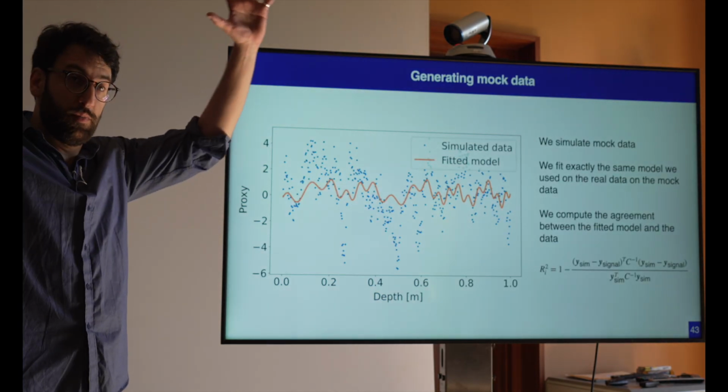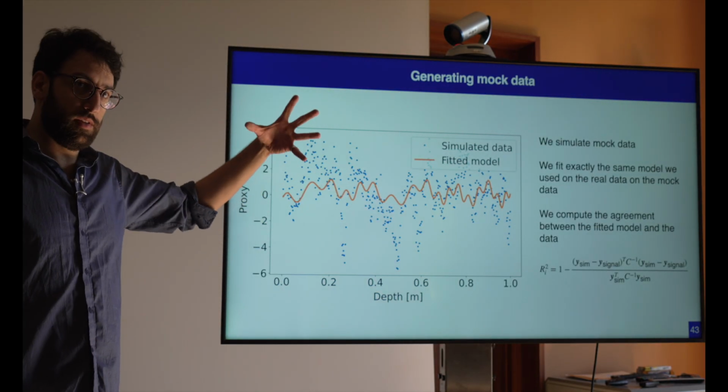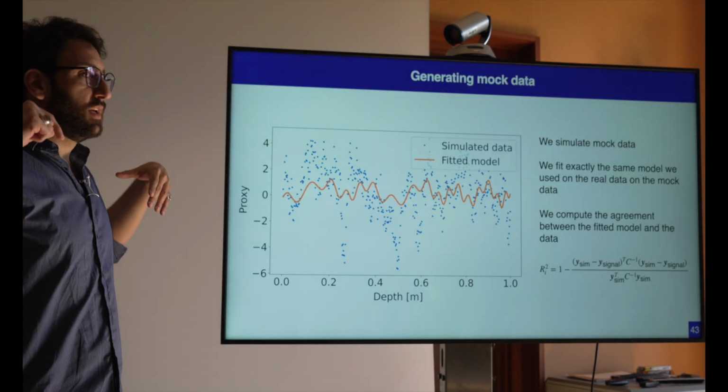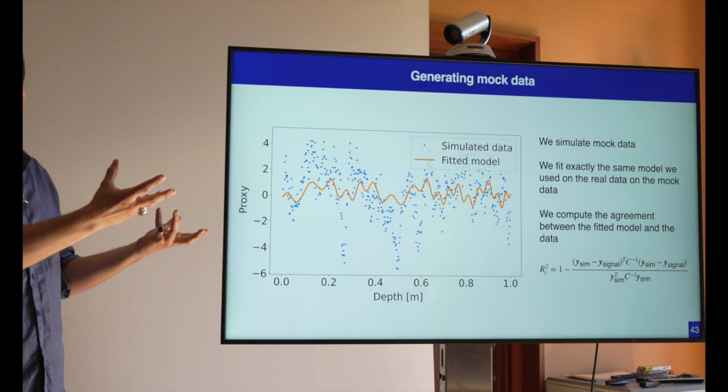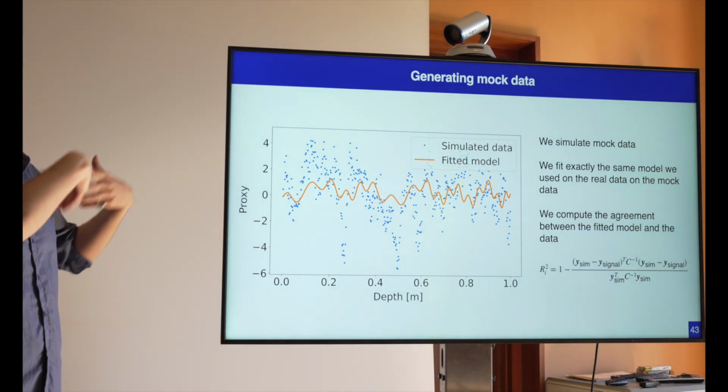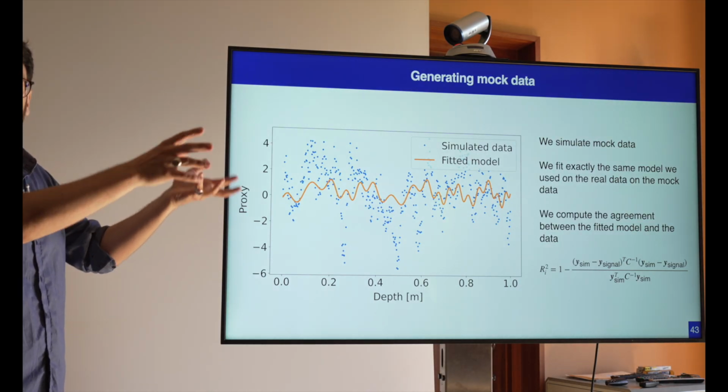Now, with this big noise model that I fitted onto the data, if my null hypothesis is correct, the data is no different from other realizations of this noise model.